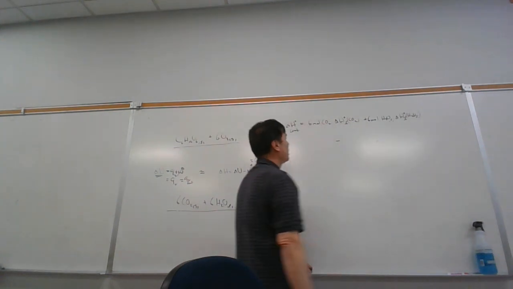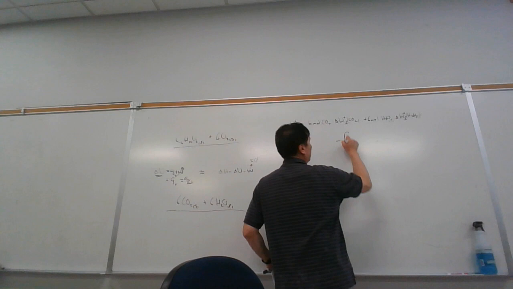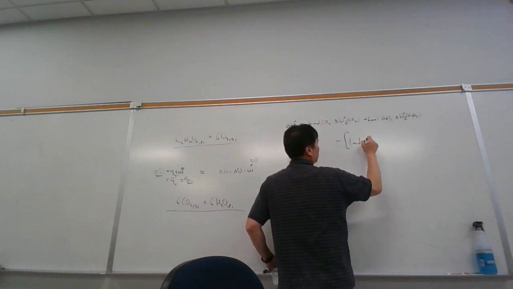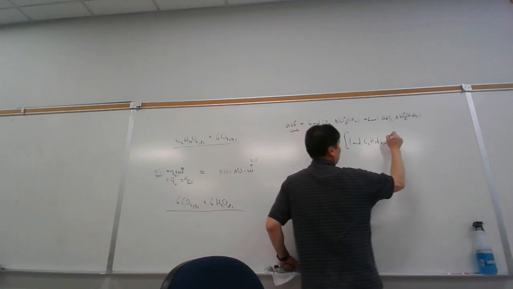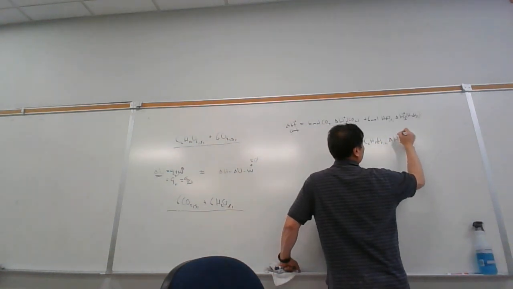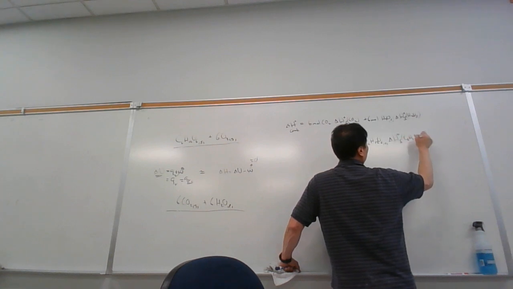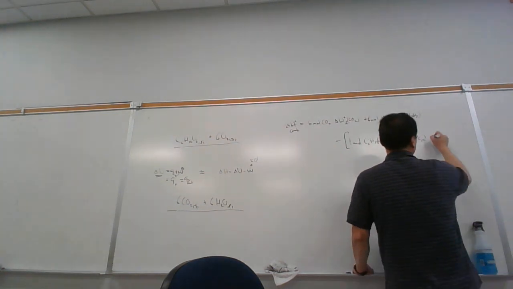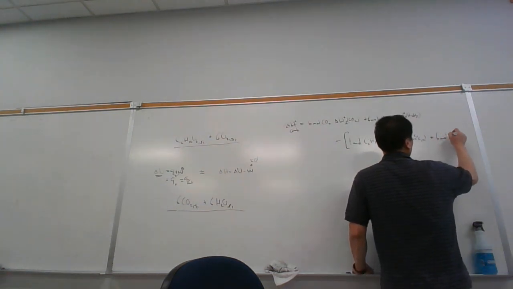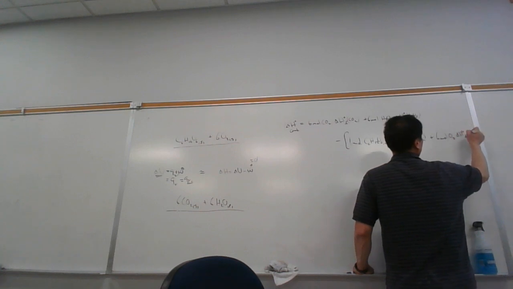Okay, that's my products minus the reactants. The reactants, I have 1 mole of glucose times delta H of formation for glucose, plus 6 moles of oxygen times delta H of formation for oxygen.